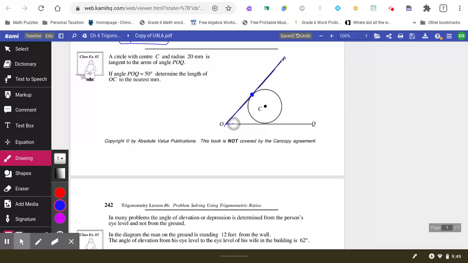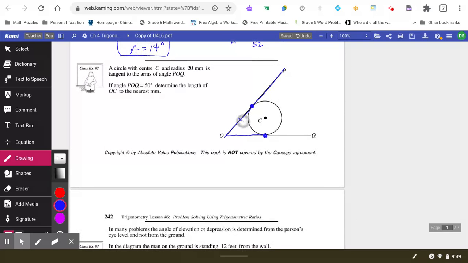So a tangent line to a circle touches in only one spot. What we know about that from, I guess, grade 9, is that the length of a tangent from an external point to a circle, they're always equal in length. So those two lengths are equal.